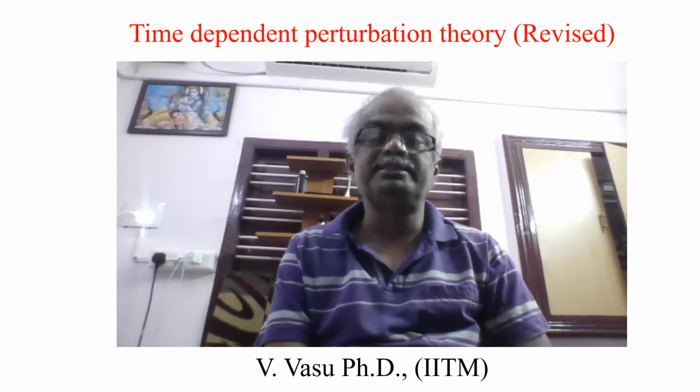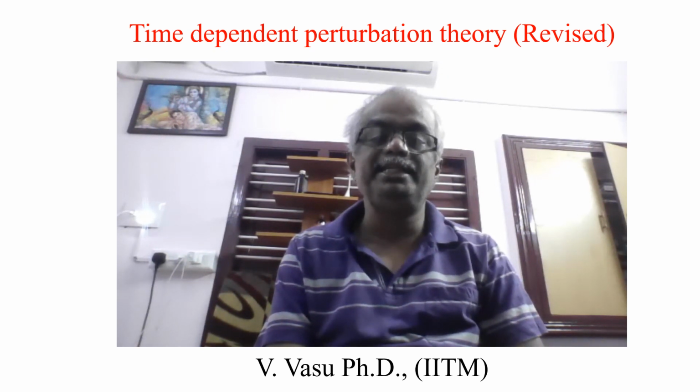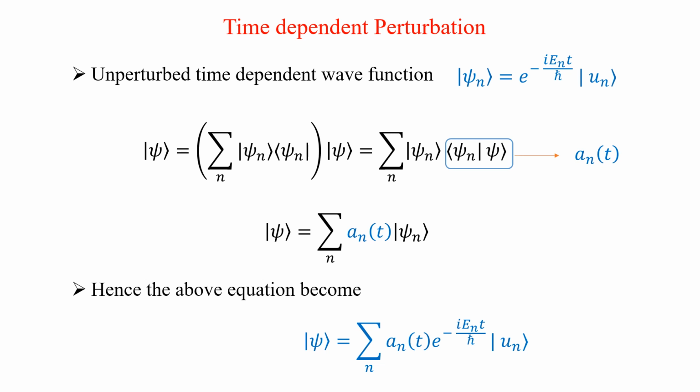In this lecture, we will see in detail the time-dependent perturbation theory. First, we will take the unperturbed time-dependent wave vector, ket psi sub n, which is equal to e power minus i E_n t over h cross multiplied by this ket u_n.